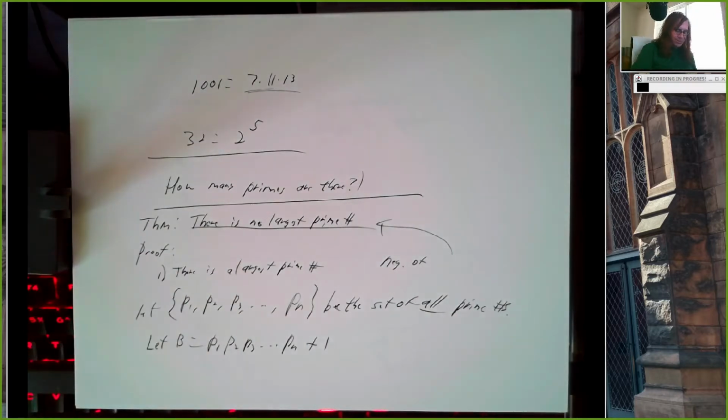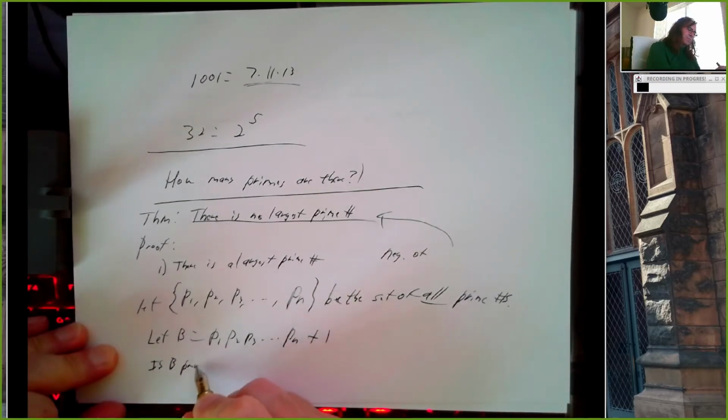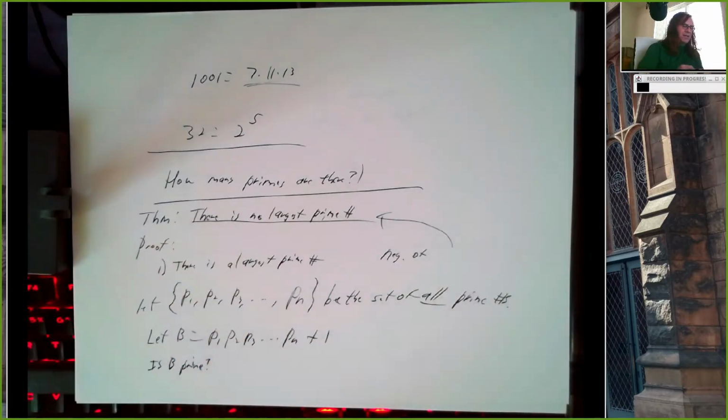So I'm making a really big number called B, and it's the product of all primes plus 1. And now we ask the question, is B prime? And it can't be prime.